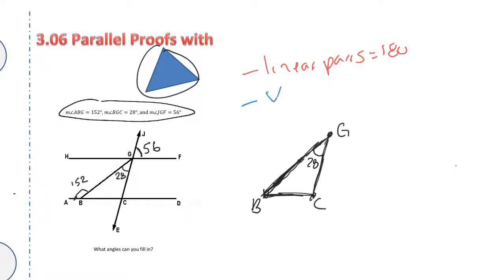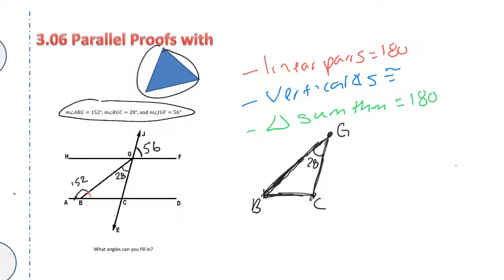I also know vertical angles are always equal. And I know the triangle sum theorem, which is the three angles of a triangle equal 180 degrees. So if I'm going to fill in angles on this diagram, I want to use these properties.